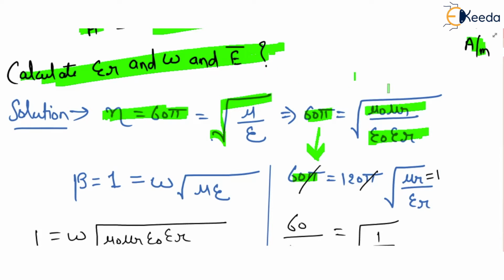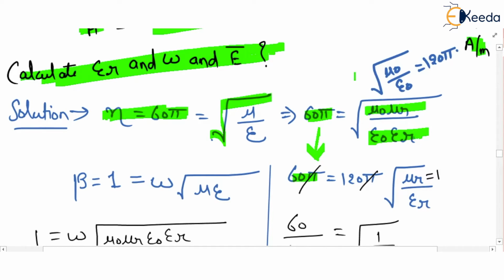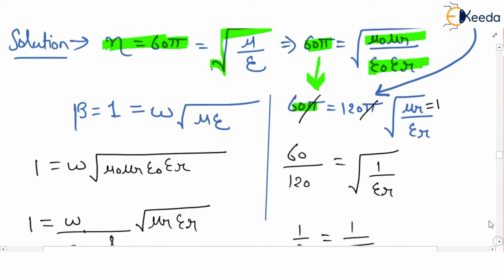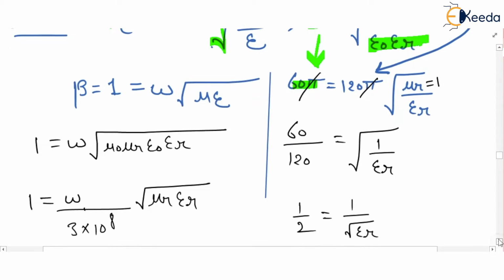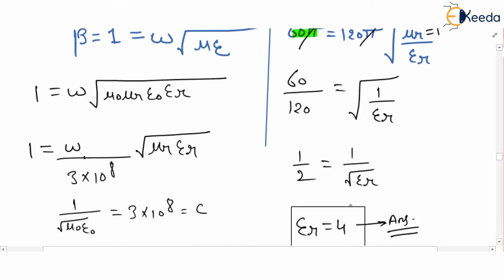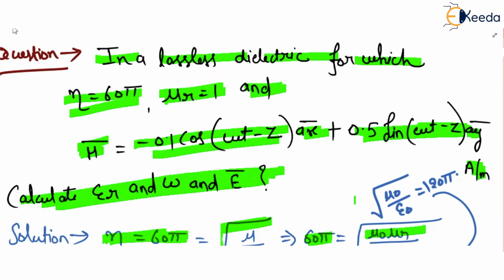So 60 pi equals 120 pi times the square root of mu r by epsilon r. Mu r is 1, so 60 by 120 equals the square root of 1 by epsilon r, and epsilon r is equal to 4. So this is our first answer for this question.